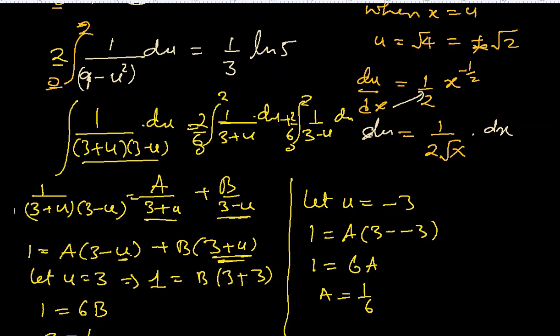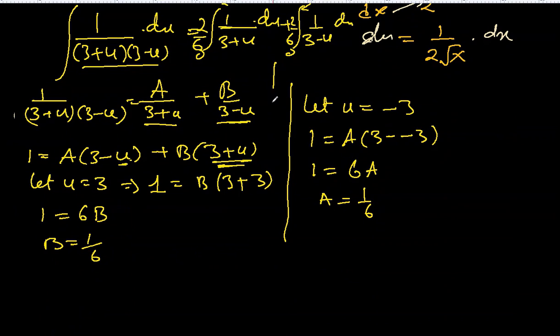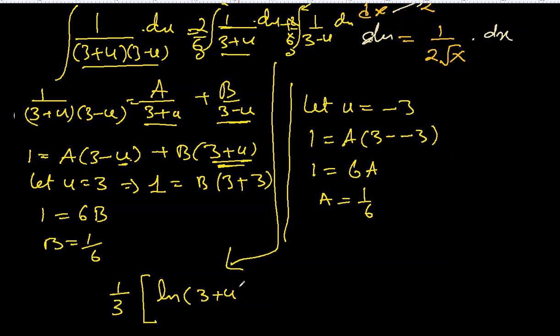And let's complete this thing down here. So 1 over 3 plus u, the integration. 2 over 6 we can simplify, it is 1 over 3, and this will also be 1 over 3. So let's take it common from both of them. And 1 over 3 plus u will be ln of 3 plus u, because if there's a linear denominator we can do that, divided by the differentiation of 3 plus u, which is 1.